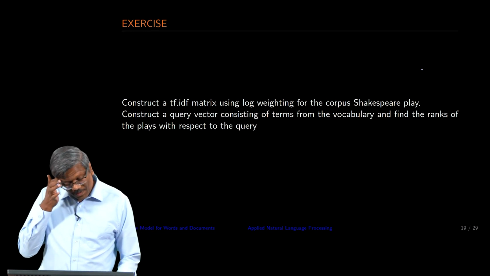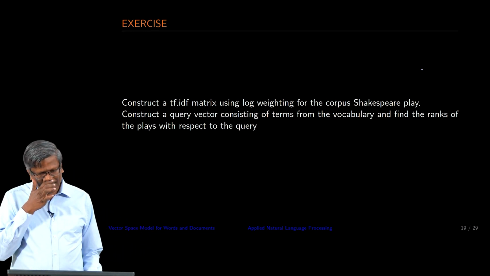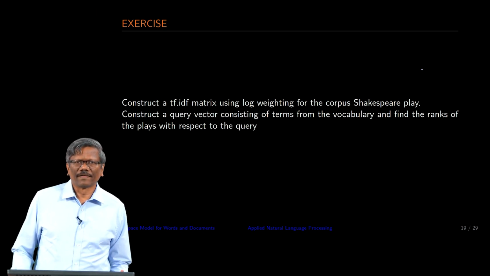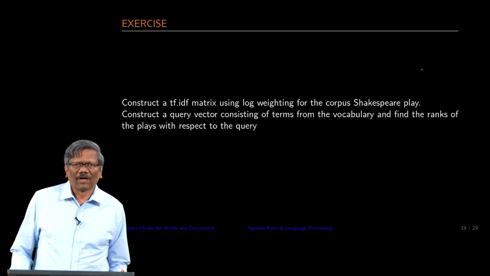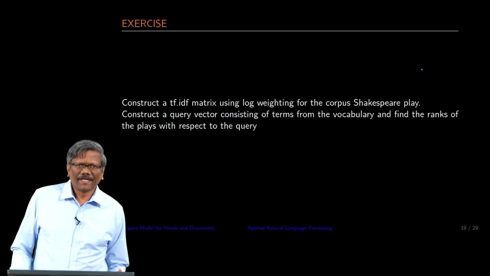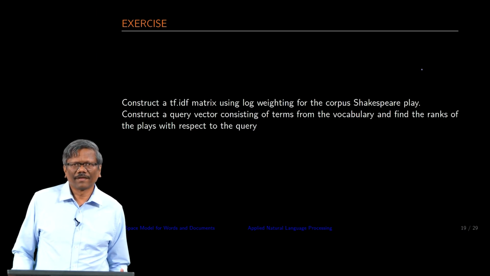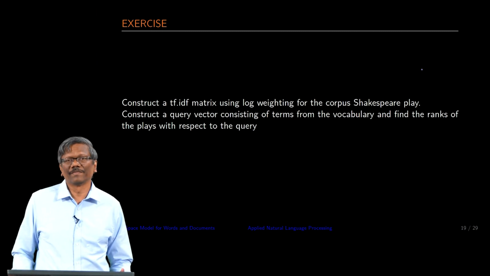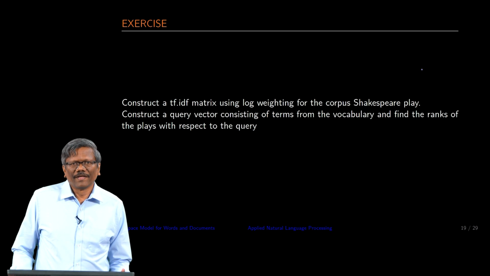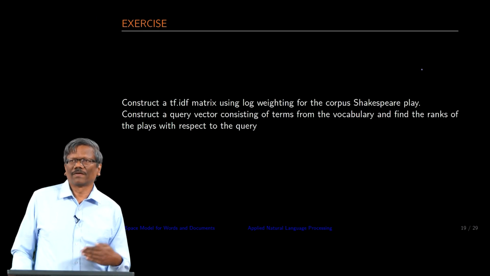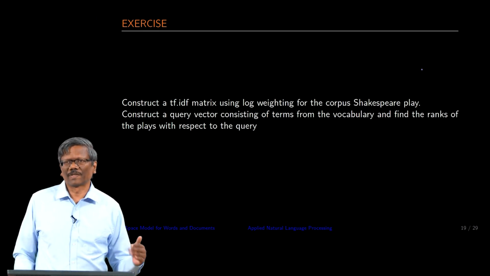Okay. So, this is an exercise for you. The exercise is you have to construct a TF-IDF matrix using the log weighting that I had shown earlier for the corpus of Shakespeare's plays. Okay. And then you need to construct a query vector containing some terms. Say for example, you pick a few terms at random in these Shakespeare's plays, construct that as a vector, and then use the cosine similarity that I had shown in the demo, and find out how these plays are stacked with respect to the rank.